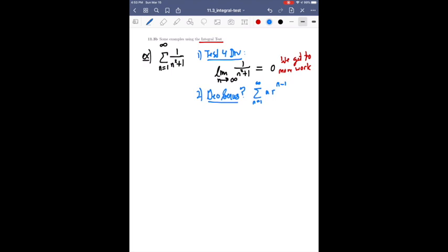The way our series problem is written, there is no way we can write this 1 over n squared plus 1 term as just some number times another number to the n minus first power. So no, this series is not looking geometric. So this is where we're going to jump in and do our integral test.